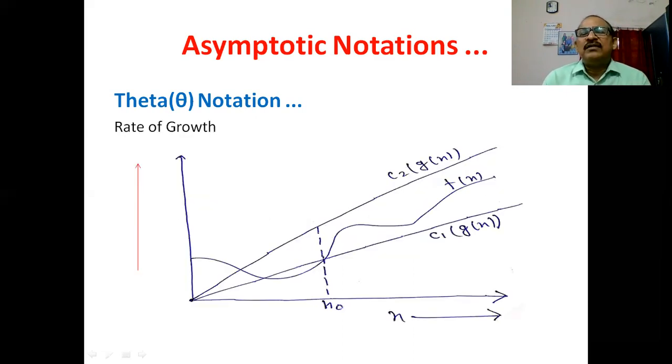This figure depicts that the rate of growth of the function f(n) always lies between c1 g(n) and c2 g(n).